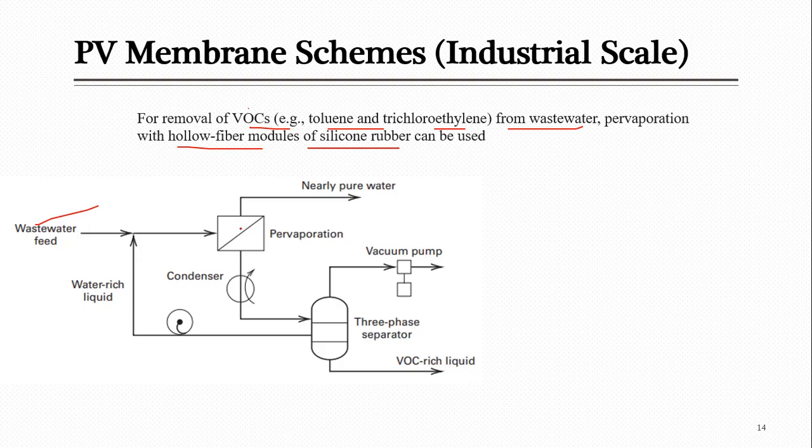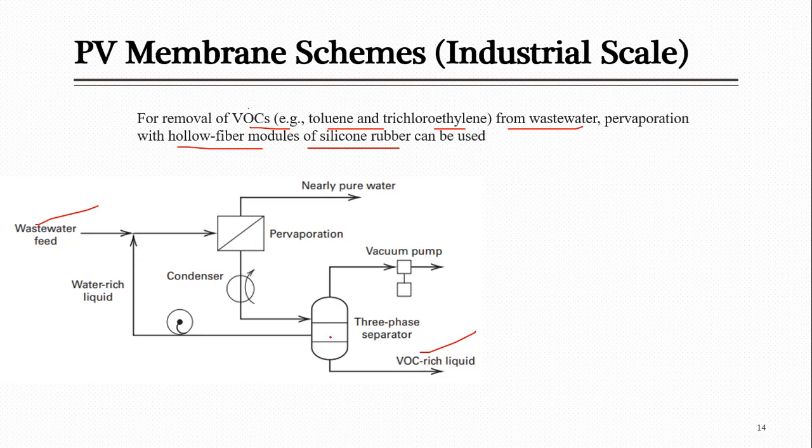Some amount of water is also permeated, so you condense them, and after condensation you pass it to the three-phase separator. Three-phase separators are those in which there is one vapor phase and two liquid phases. Among those two liquid phases, one is totally volatile organic chemical rich, most of it volatile, while the other is a water-rich liquid.